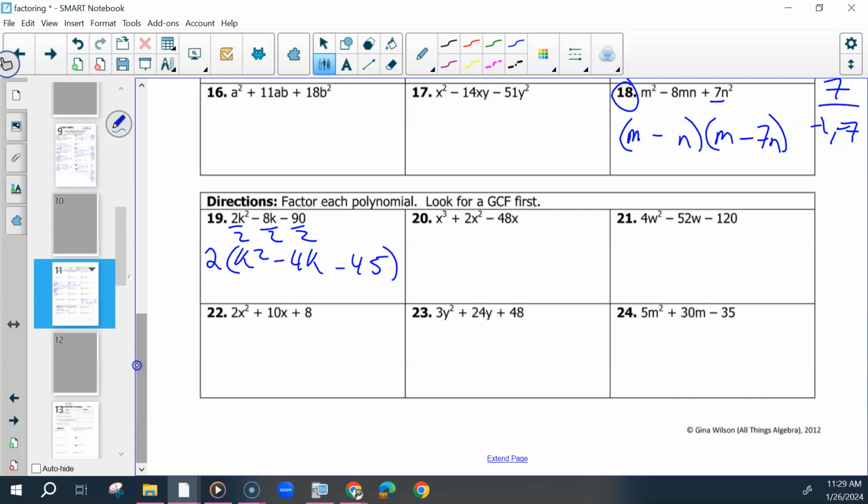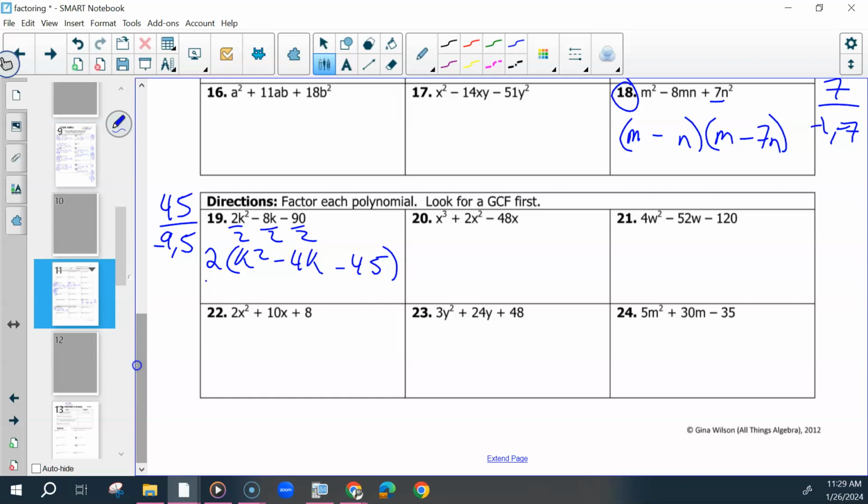Then there's nothing else we can divide from each, so no more GCF. But what we were just doing, factoring our trinomials, we have to look and see, can we find two numbers that multiply to be negative 45 and add to be negative 4? Because it's negative 45, one of these has to be negative. Which one would it be? 9. So I didn't list all the factors here, but you are more than welcome to still do that.